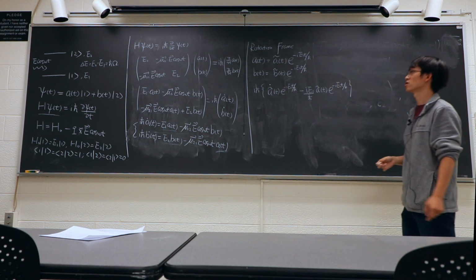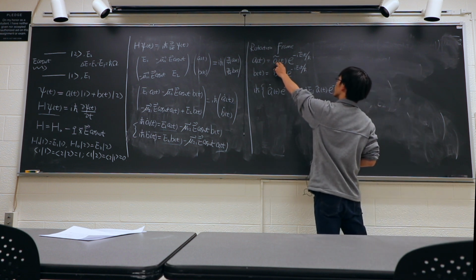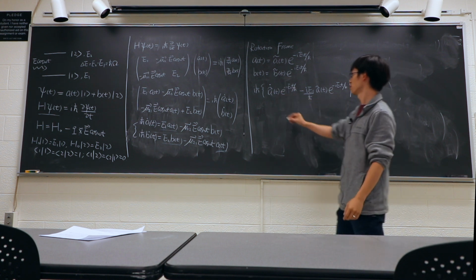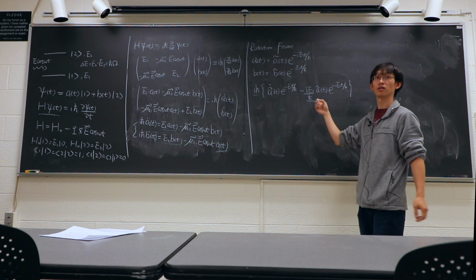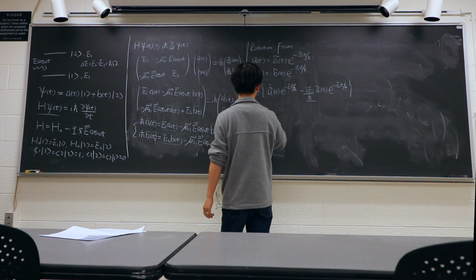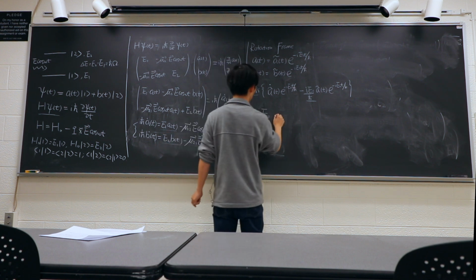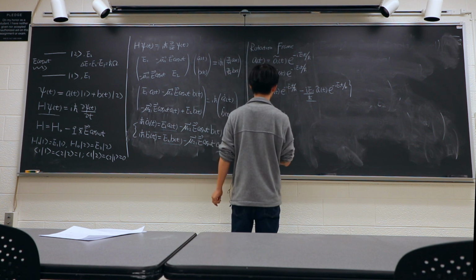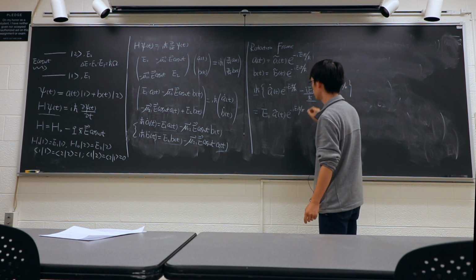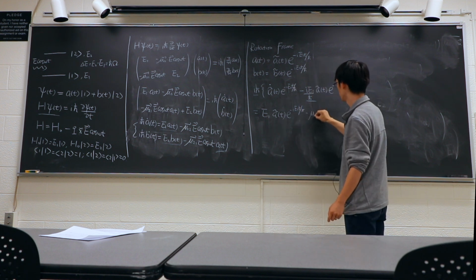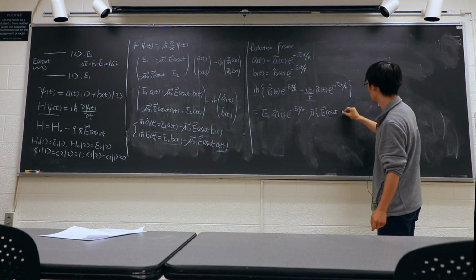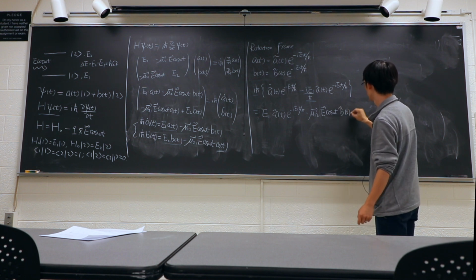Left hand side, derivative on this, and then derivative on this. You can see when these two times together, it gives you E1. And the right hand side, we have E1 AT e to the minus i E1 t over h bar, minus mu 1 2 E cosine omega t and B e.